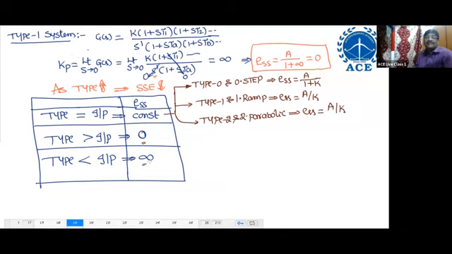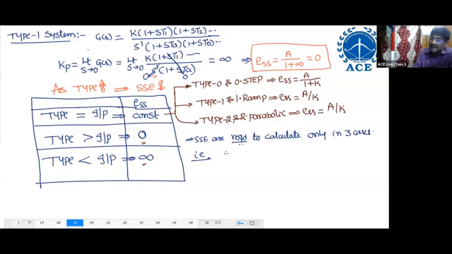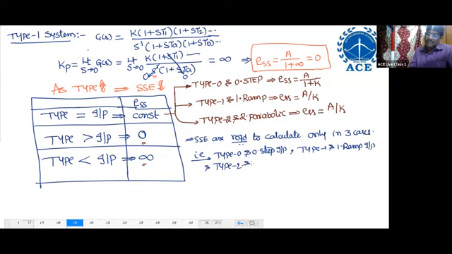Steady state errors are required to be calculated in only 3 cases: type 0 and step input; next, type 1 and ramp input; type 2 and parabolic input.